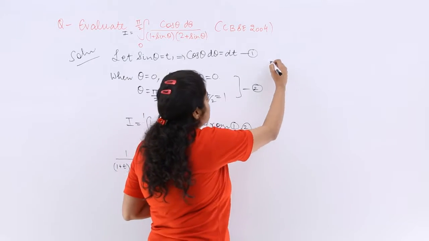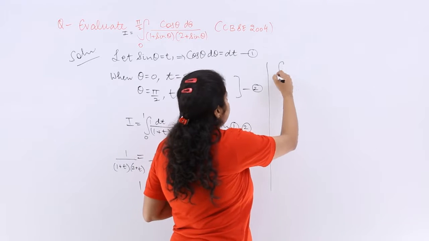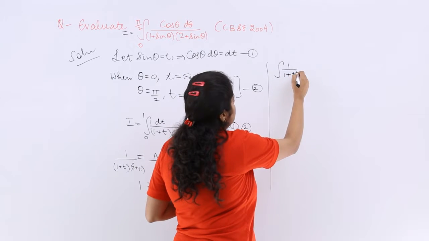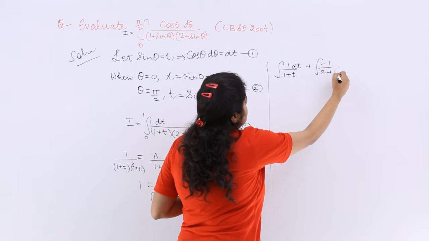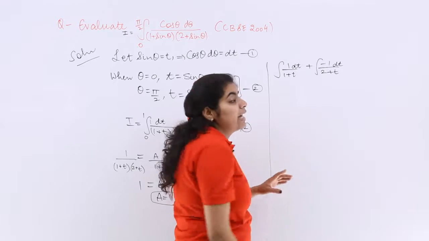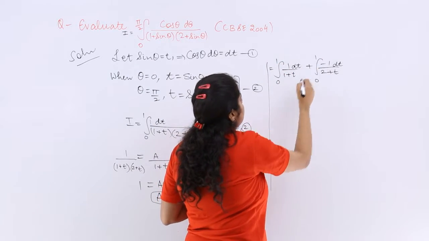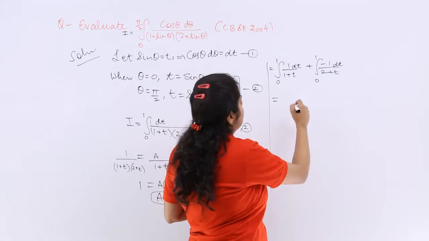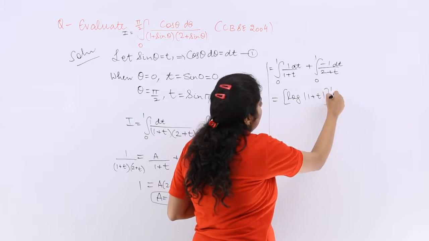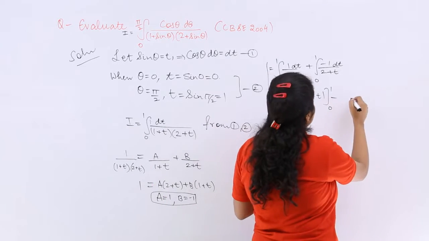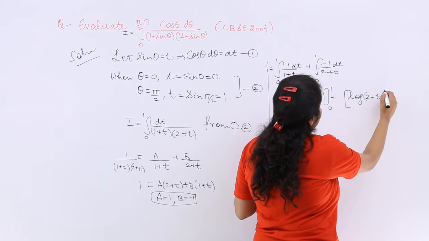So I will now move to the other part of the solution. It says integration of a upon 1 plus t dt plus b upon 2 plus t dt. Also take care of the limits. Limits are from 0 to 1. Log of 1 plus t, from 0 to 1, minus sign take common, log of 2 plus t, again from 0 to 1.